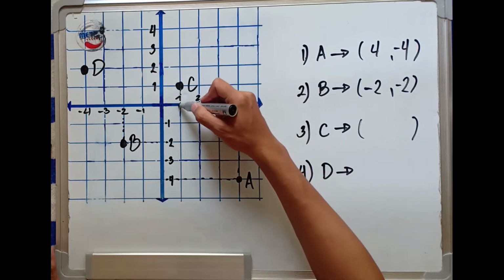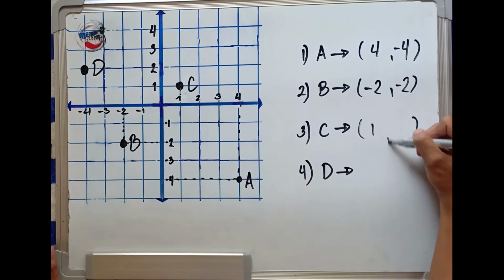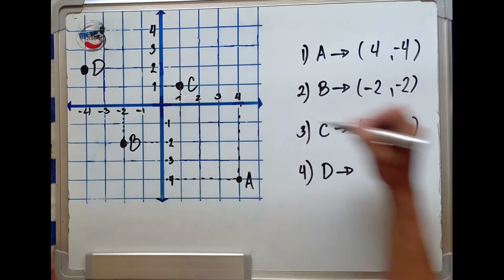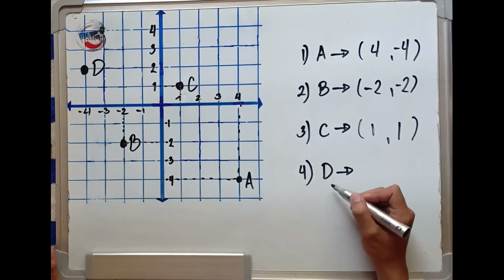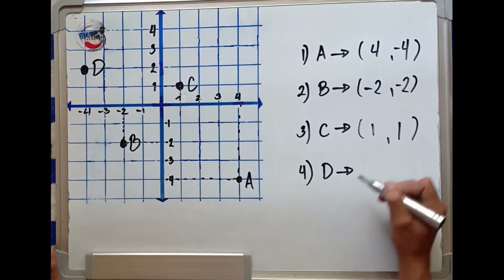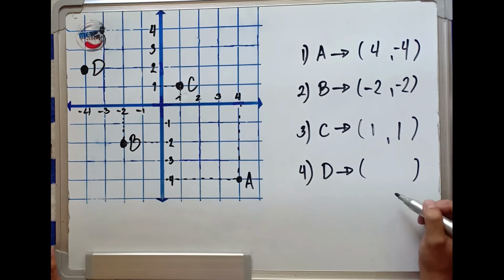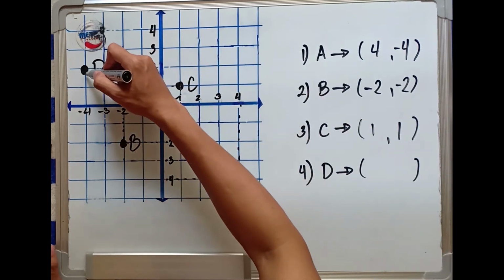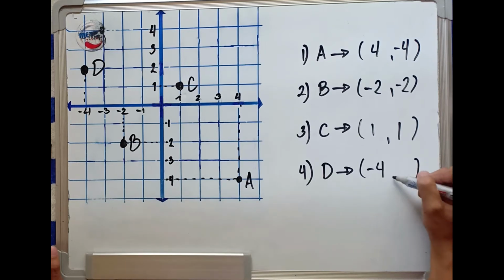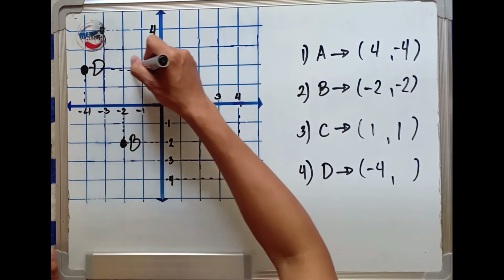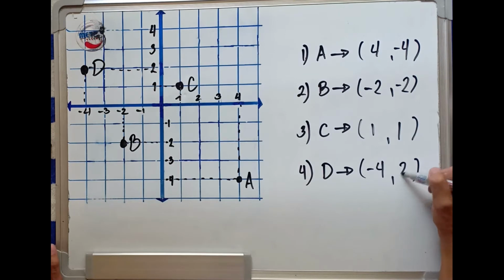So the x value is positive 1 and the y value is positive 1. And let us locate point D. Its x value is negative 4. And its y value is positive 2.